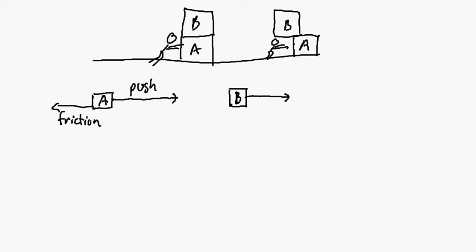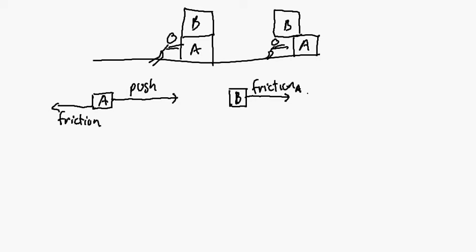Relative to crate A, this kind of comes back to some of our motion stuff where we have to think about our frame of reference. Relative to that, crate B would have been moving backwards. It would have been moving in the left direction. Because this relative motion should be opposed by the friction force, that's why we have a friction force going forward here. And so the friction from crate A acting on crate B is going to end up pushing it in the forward direction in this case.